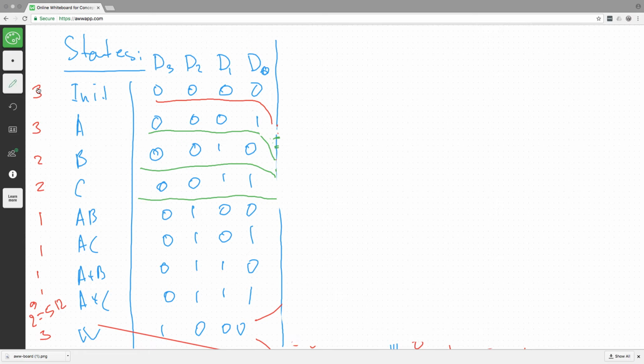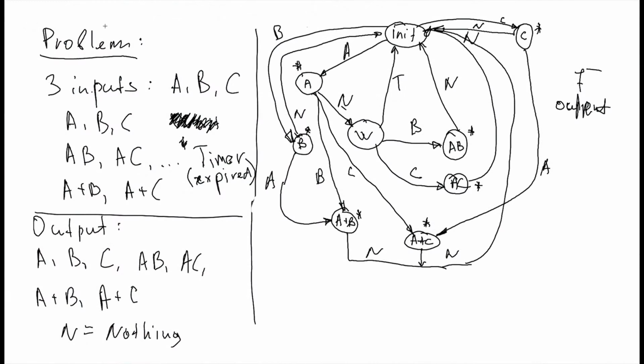And the output function needs to have some references to how our outputs are assigned. Our outputs are assigned pretty straightforwardly.